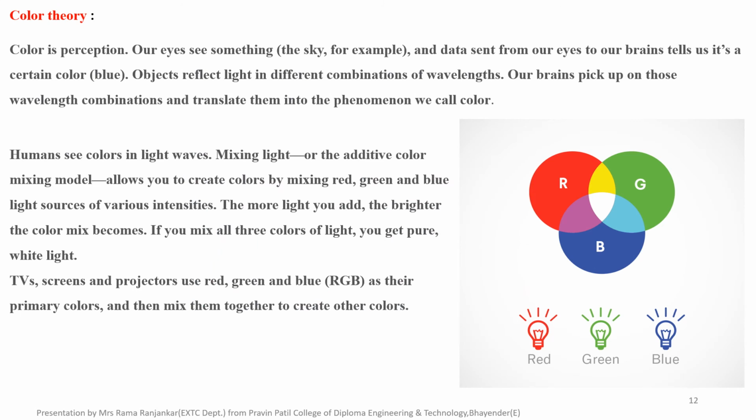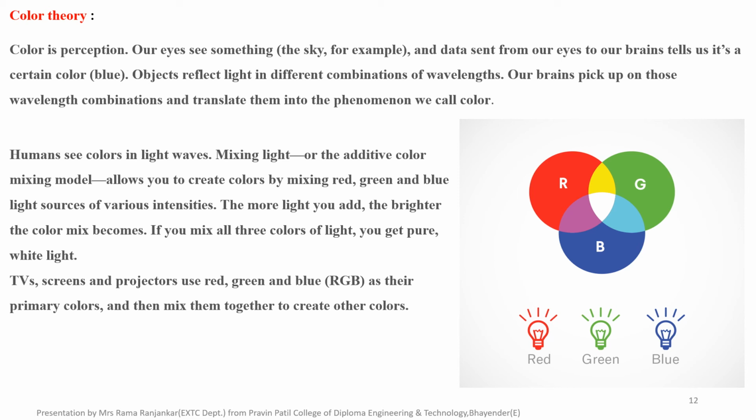Color is a perception. Our eyes see something and the data sent from our eyes to our brain tells us it's a certain color. Objects reflect light in different combinations of wavelengths. Our brain picks up on those wavelength combinations and translates them into the phenomenon we call color. So humans see colors in light waves.